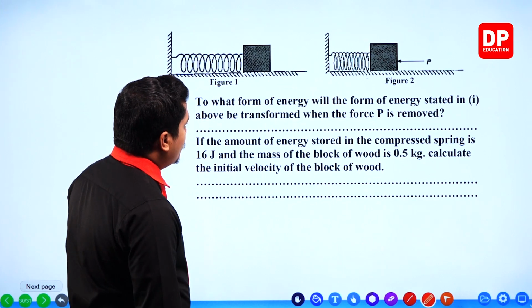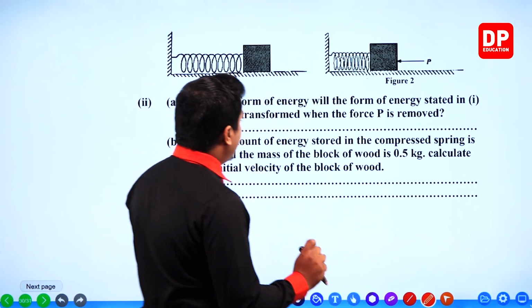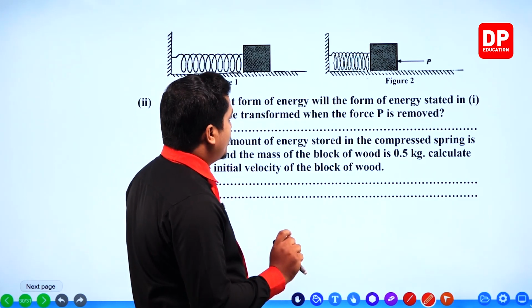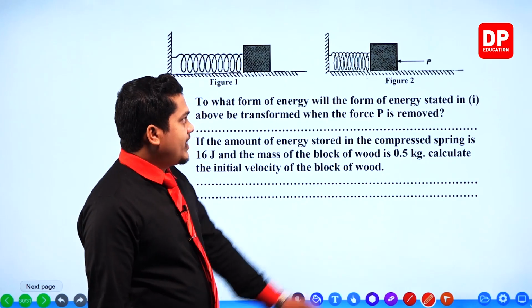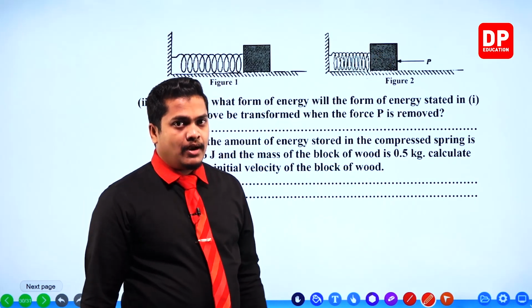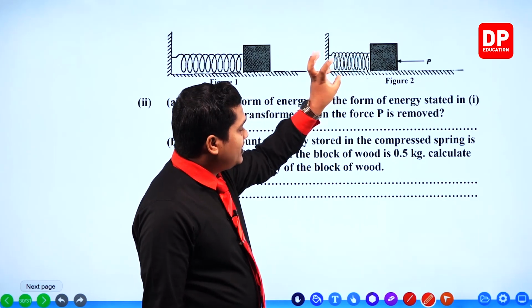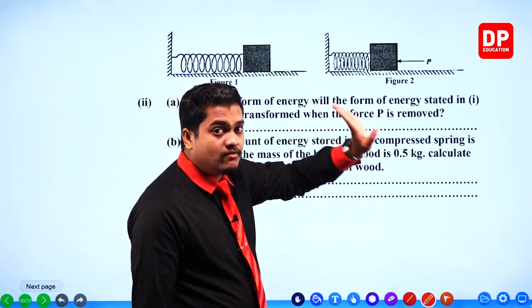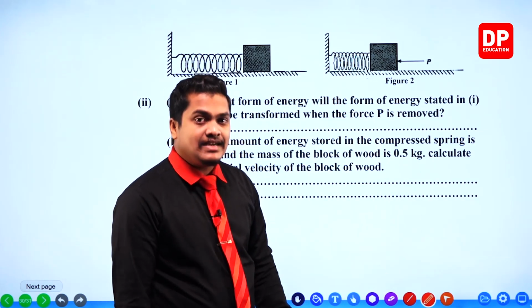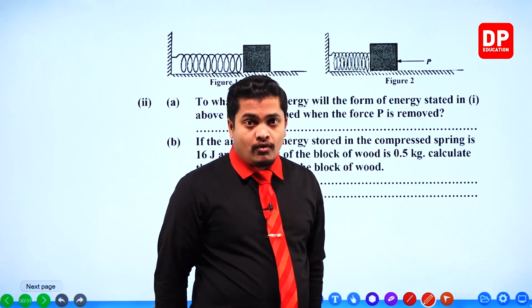To what form of energy will the form of energy stated in the first one above be transformed when the force P is removed? When I remove the force applied, the potential energy stored within the spring will get converted suddenly into kinetic energy. That's why the block of wood will move forward.